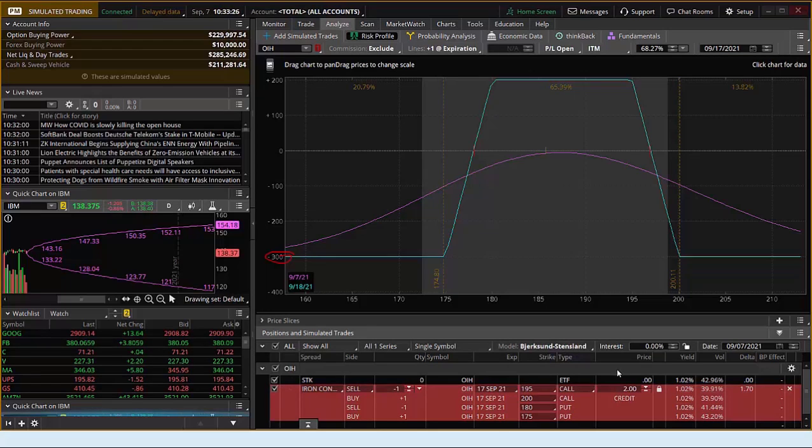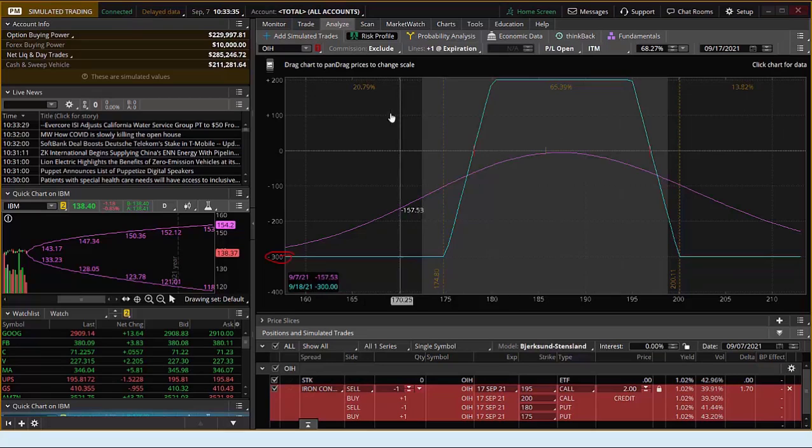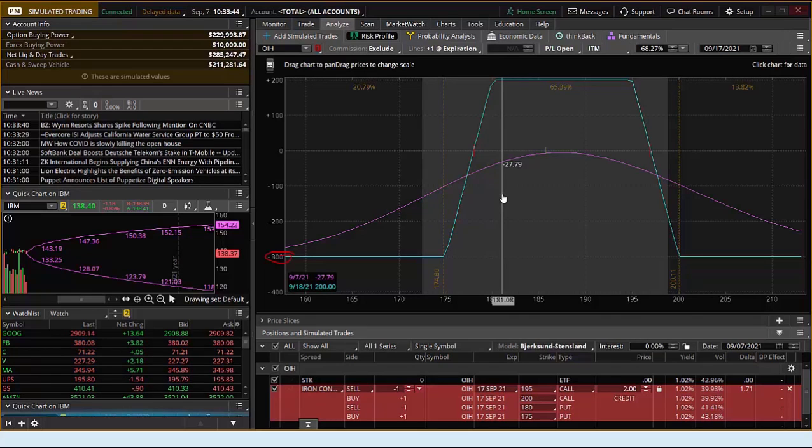Now, risking 3 to make 2, you can see that that's a little backwards. But again, there's only a 34% chance of taking the max loss. When I trade iron condors, watch the delta hedging video. Boy, if there's any strategy that you better know how to delta hedge, it's credit spreads.